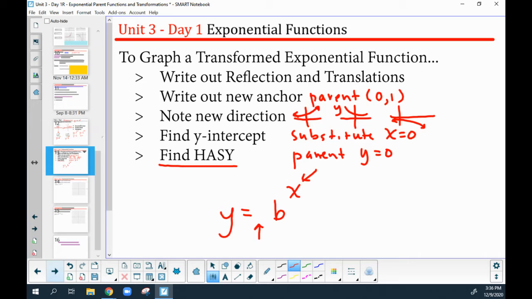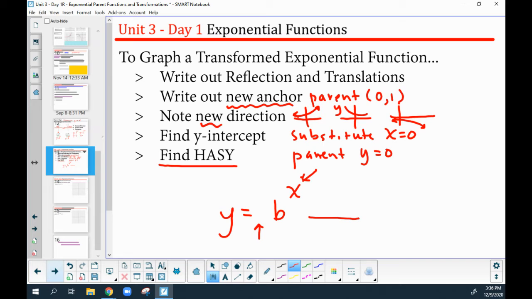We also might be dealing with translation, so there might be shifting directly to the right here, which would be vertical, or there might be shifting inside the power, inside the argument. All of that shifting will change us and give us a new anchor that will go from what we thought it was originally, (0, 1), and we'll do some adding and subtracting with the shifts and get a new anchor.